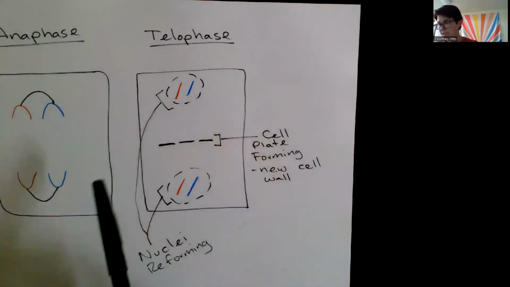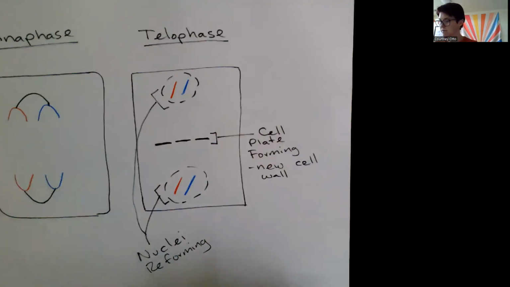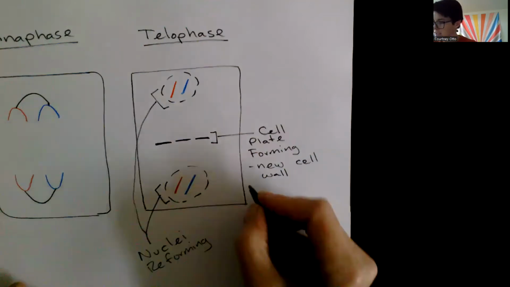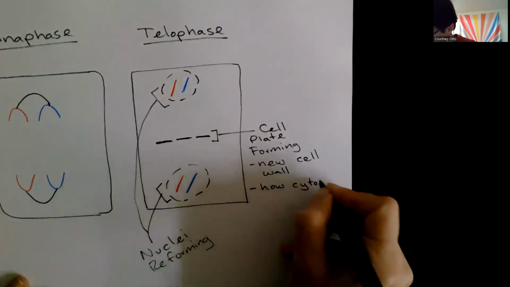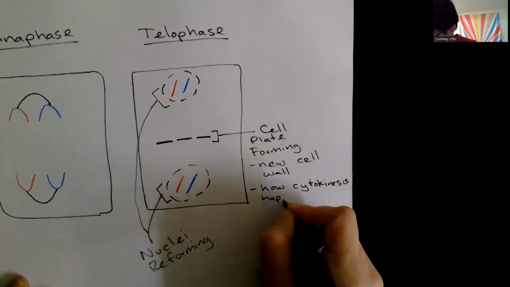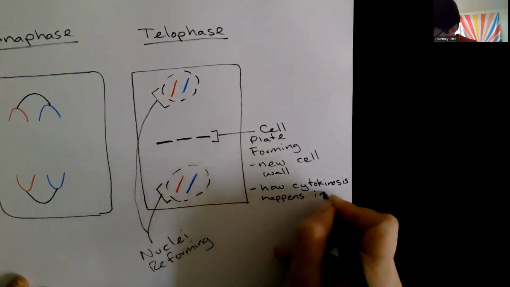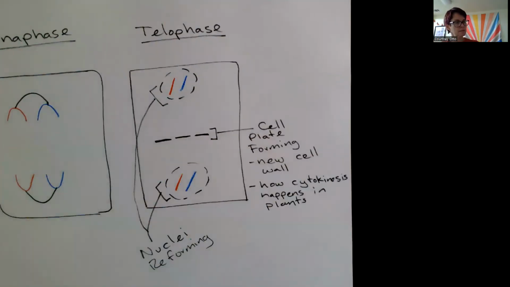And eventually, it's going to be complete and go all the way across and separate this into two cells. And that's how cytokinesis happens in plants. Right, that cell plate is going to form and divide this up into two separate yet identical cells.